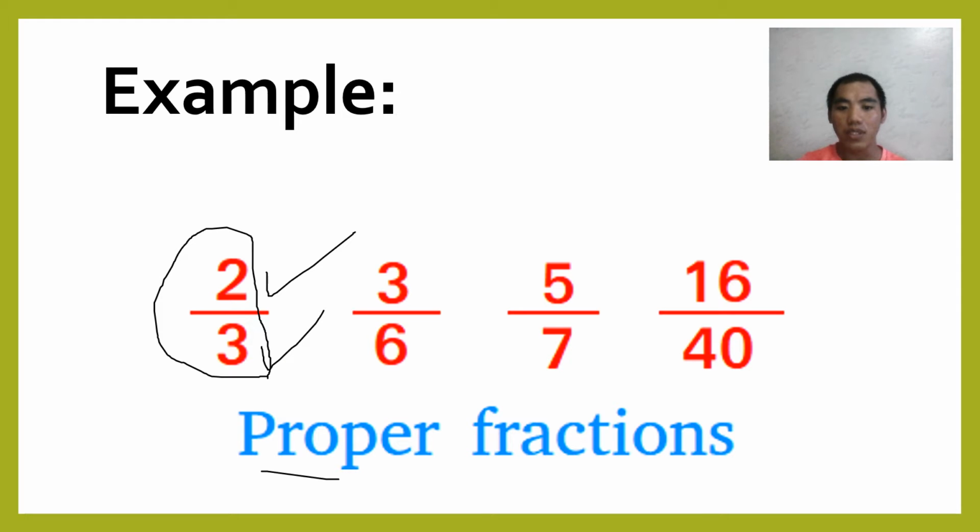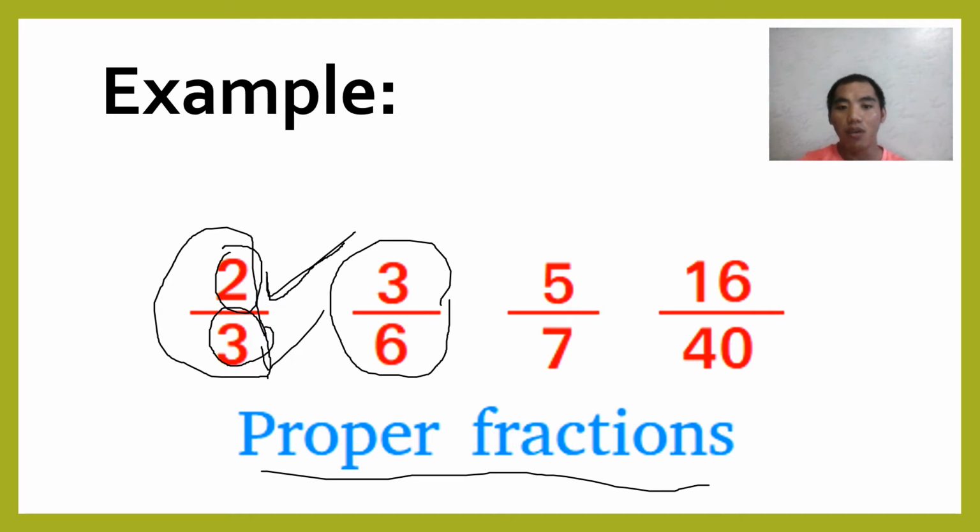And when we said that proper fractions have a numerator smaller, if you notice, 2 is smaller than 3. Therefore, 2 over 3 is a proper fraction. Next example is 3 over 6. 3 is smaller than 6. Therefore, 3 over 6 is a proper fraction.